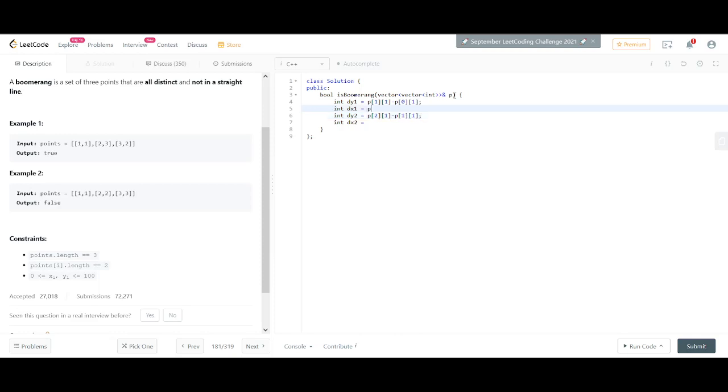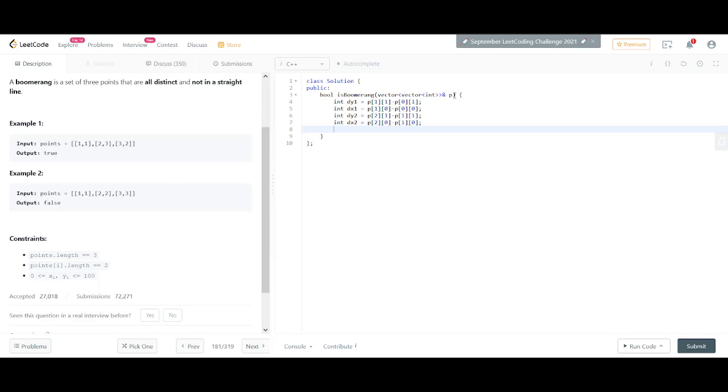We have done that. So this should be 0 minus p 0, 0, right? And instead of 1 0 for the same case, it should be 2, and it should be 1.